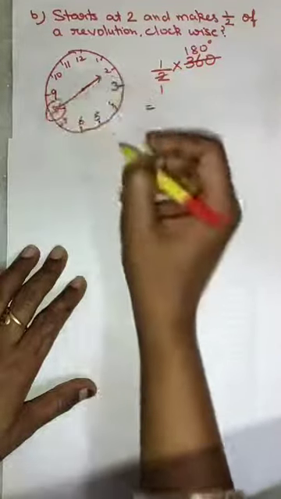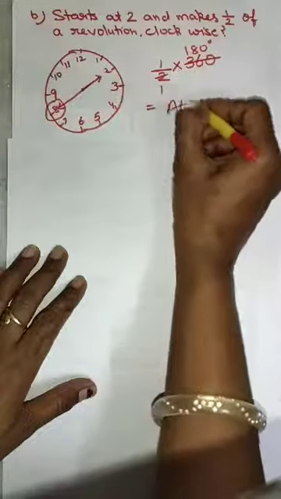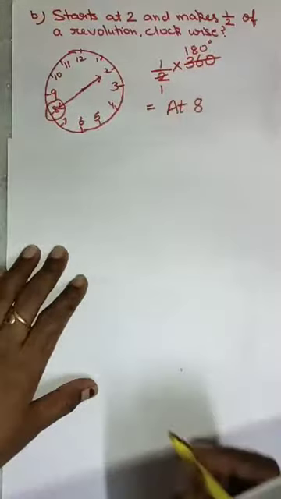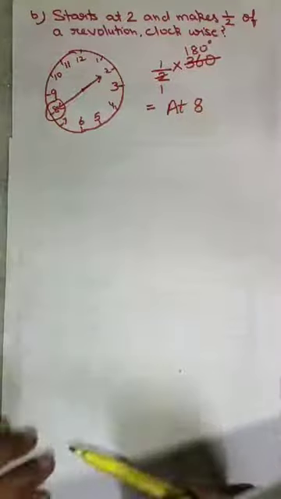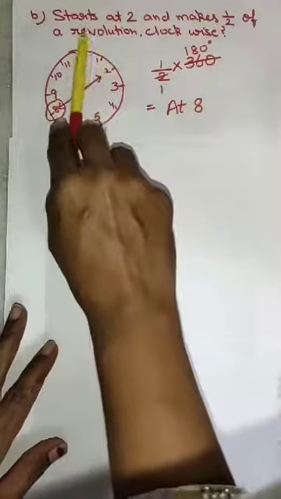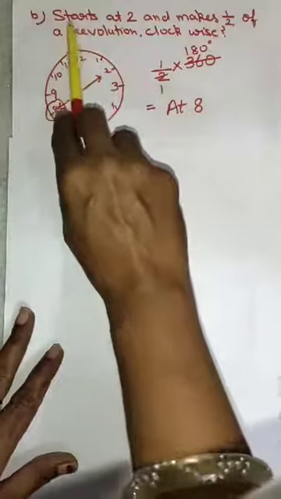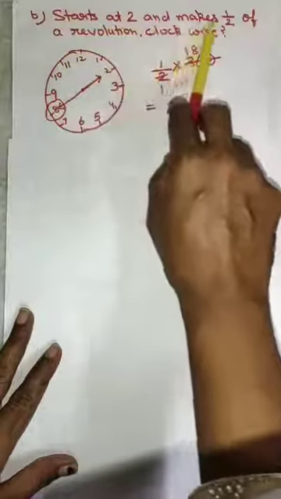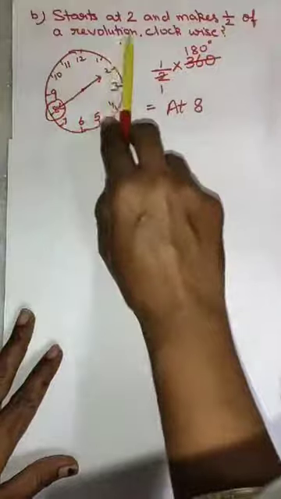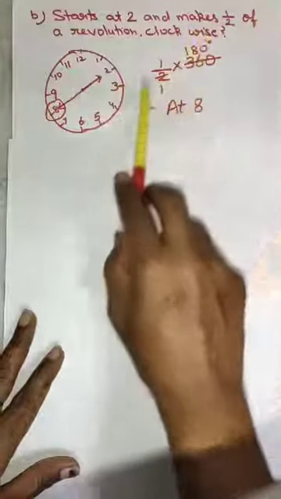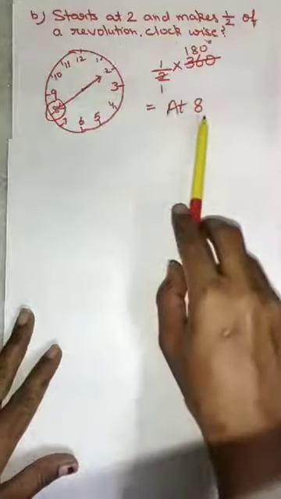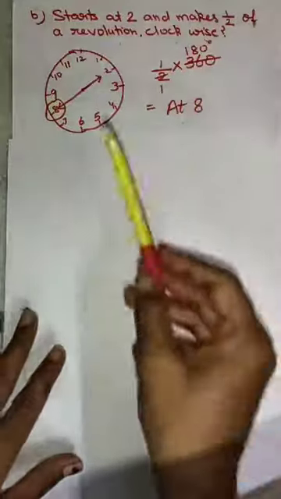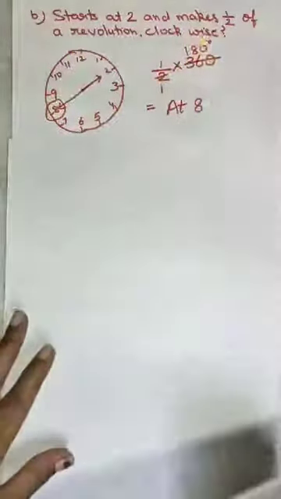That means now it will stop at 8. So how will you write it down? You will write, if our hand of the clock starts at 2 and makes half of a revolution clockwise, it will stop at 8. Complete line you will take from the question only.